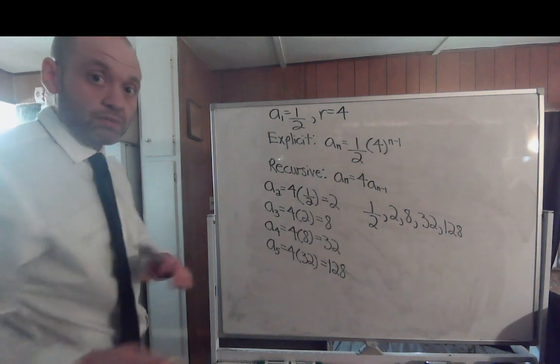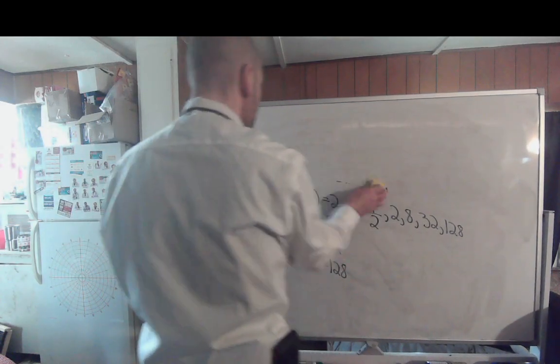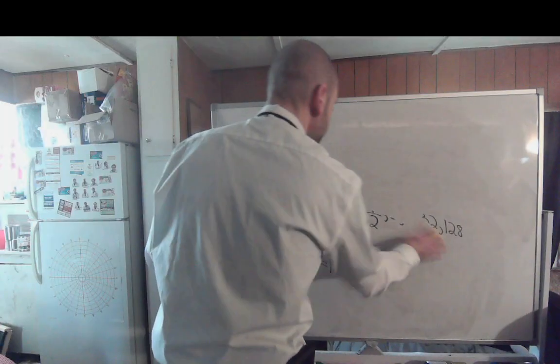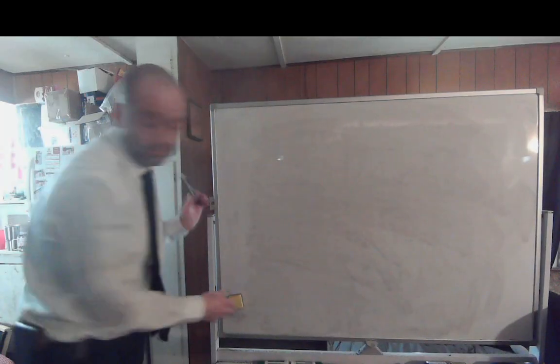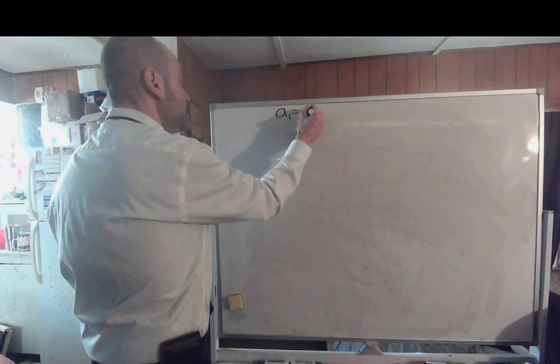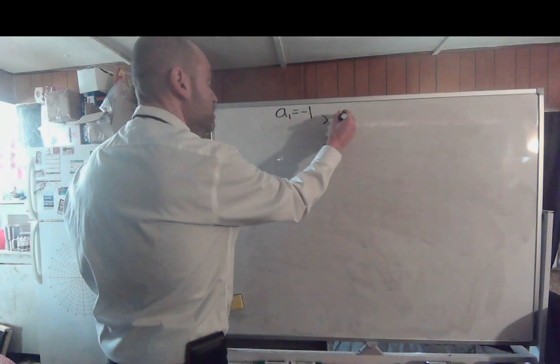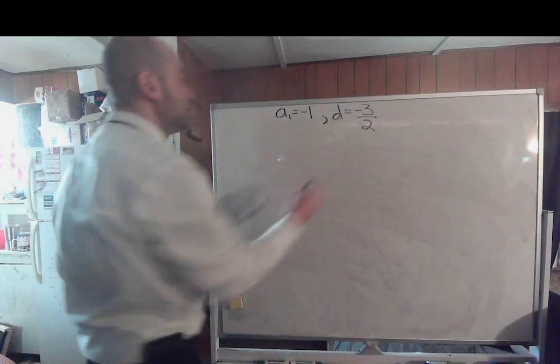And I got just one more. a sub 1 equals negative 1, you have a common difference of negative 3/2.